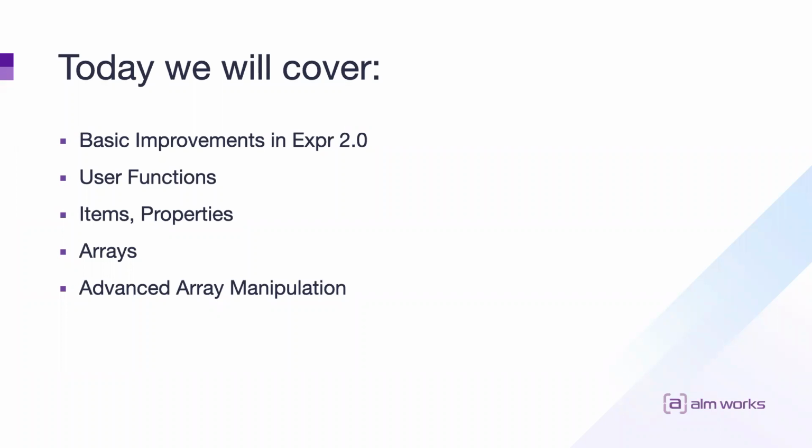We're going to talk about items and properties, which is one of the coolest features, I think, in Expr, is the fact that we now have access to a lot more data than we did before. So instead of just pulling in things like sprints, we can now also get the sprint start date. But I'll show you all of that in a minute. And then we're going to talk about arrays at the end. So arrays is a data structure on how we can get some more data now, and then we're going to start manipulating them. The basic improvement sections are slides. Everything else is going to be done live with examples.